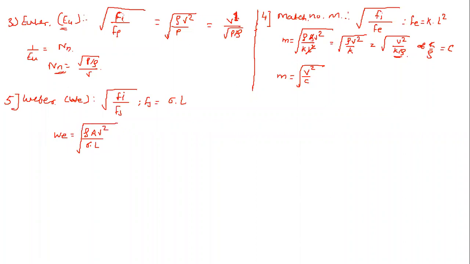Area will have L square, so one of the L gets cancelled, and we have rho L v square divided by the surface tension sigma. Again rearranged, it is equal to v upon the square root of sigma upon rho L.